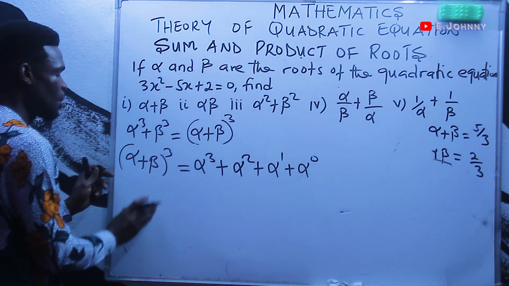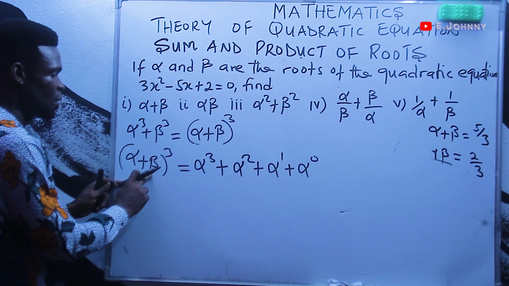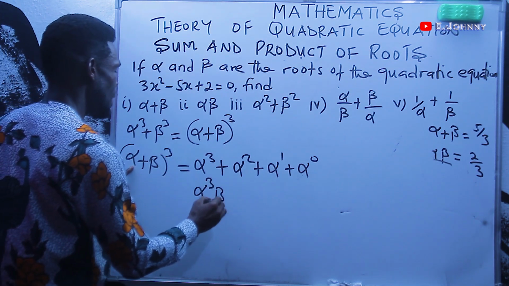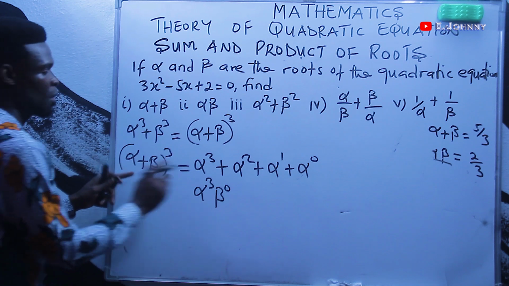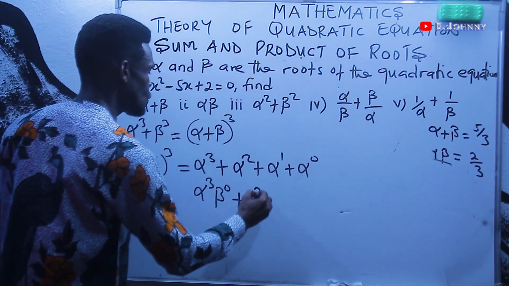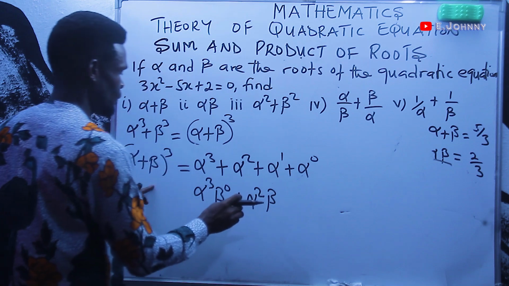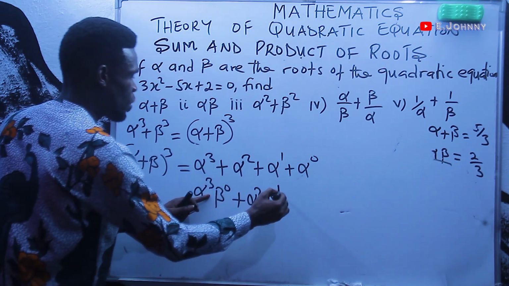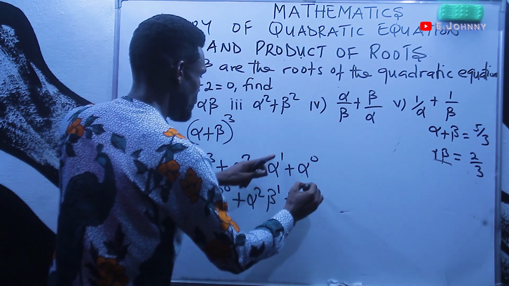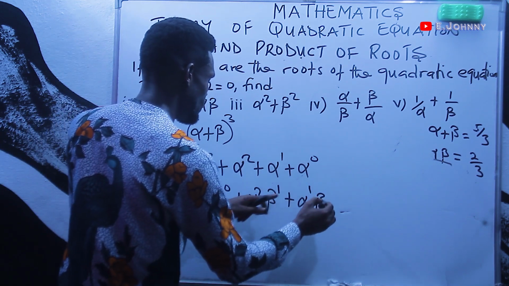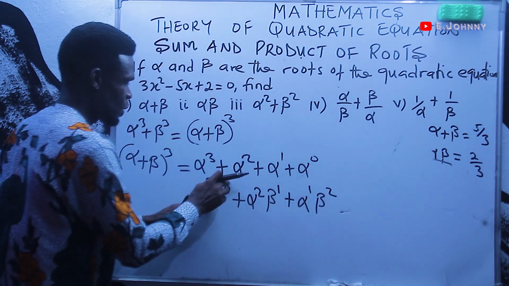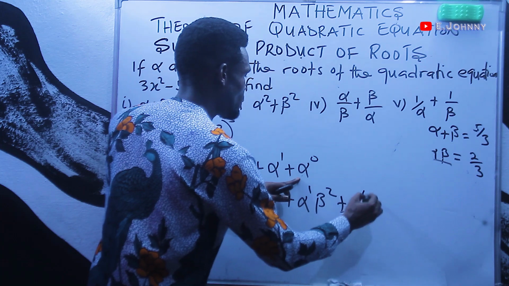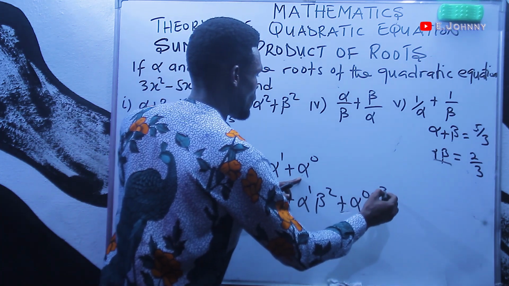Okay, in the next line, I'm going to bring in beta. So that will be alpha cube, beta will start with 0, plus alpha square, beta will now increase from 0 to 1, plus alpha raised to power 1, beta raised to power 2, plus alpha raised to power 0, beta raised to power 3.